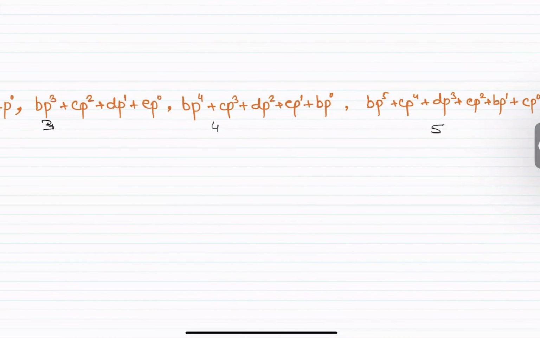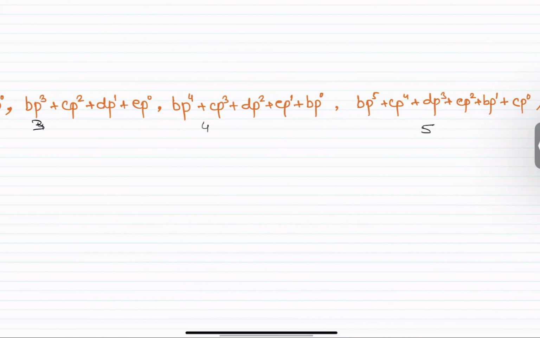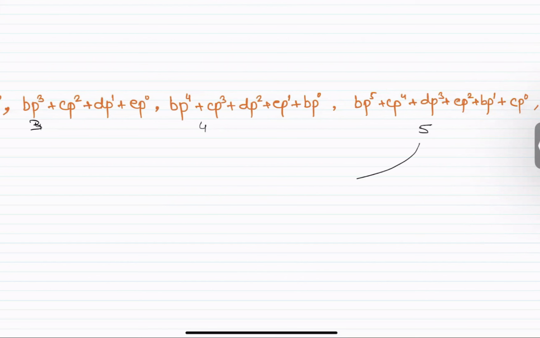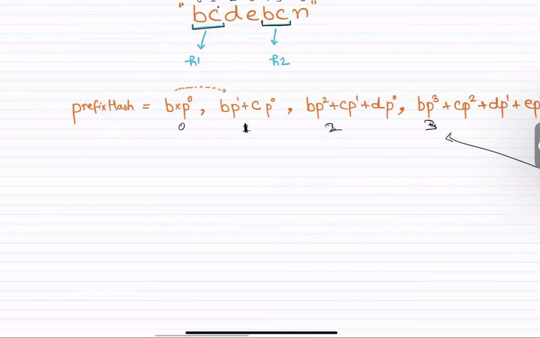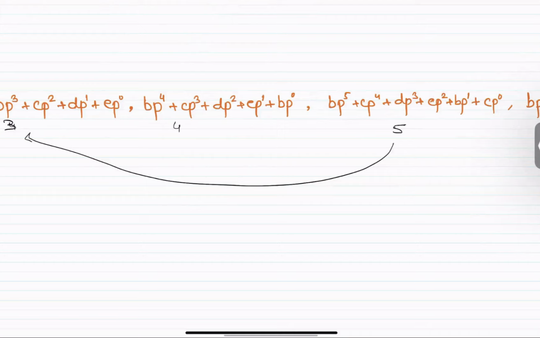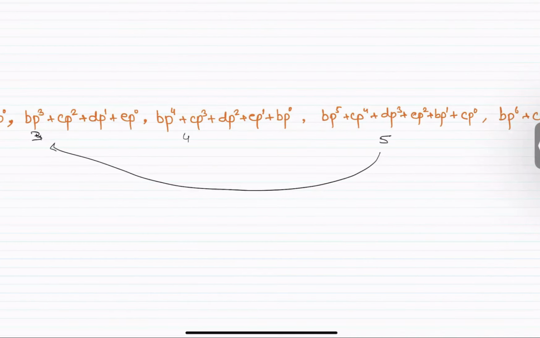Think about it: if you subtract this from 5, will you get the same answer as BP of 1 and CP of 0? You want BP of 1 and CP of 0. Will you really get that answer?